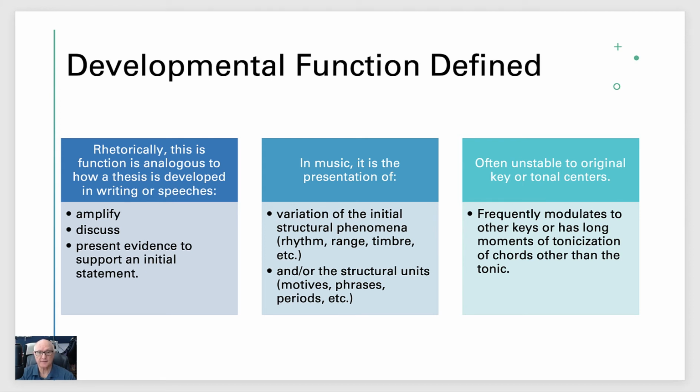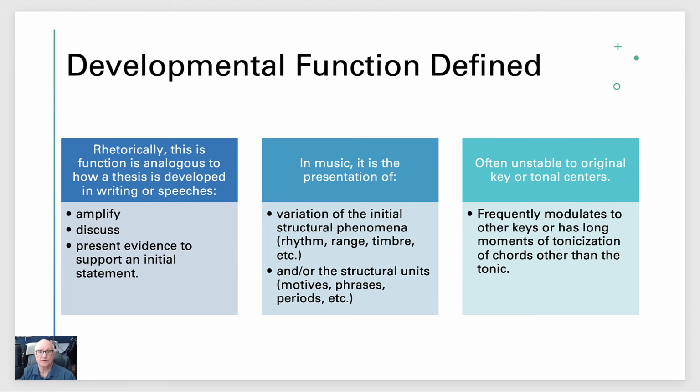In music, it's the presentation of maybe parts of that original expository material, or the whole thing itself. It's in variation, a variation of the initial structural phenomena, maybe the rhythm, the range, the timbre. It might be just parts of the motivic or melodic ideas in the exposition.